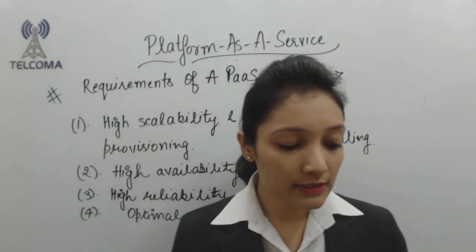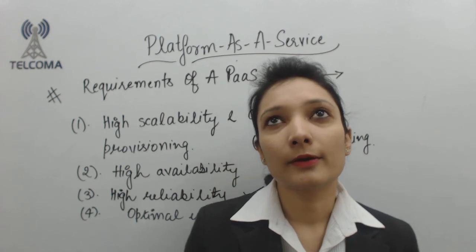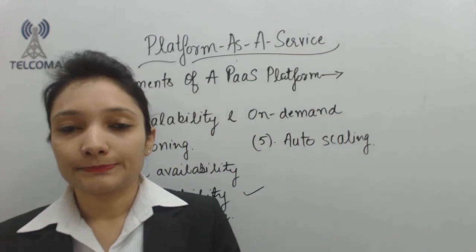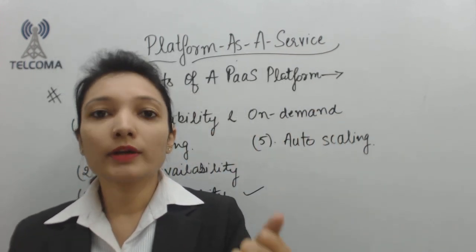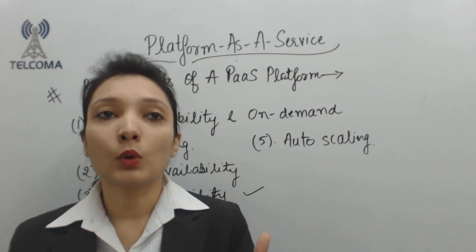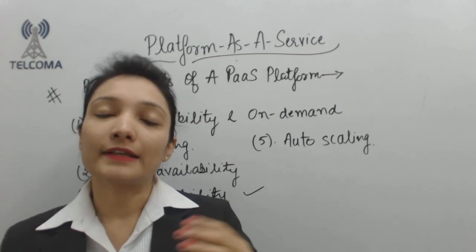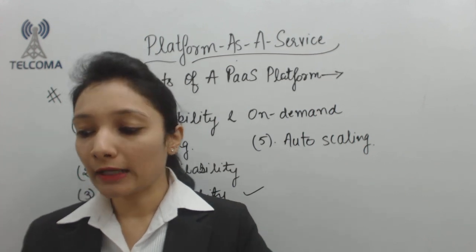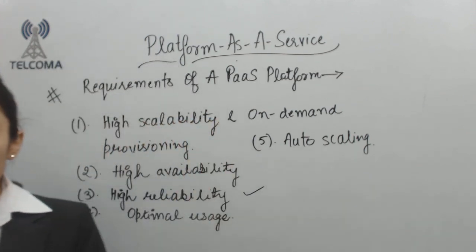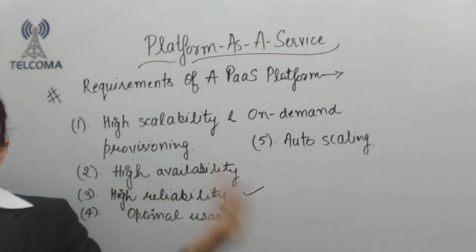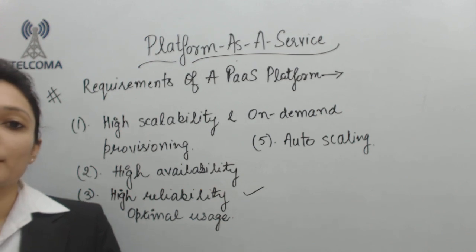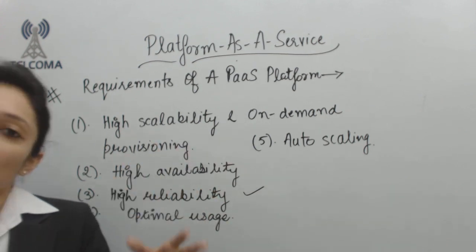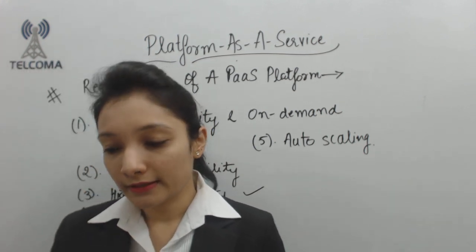That means the user is making requests, or we can simply relate it to the kind of load. So there should be flexibility in scaling up or scaling down of the resources. Because of that elastic nature, it can add more resources according to the demand, or it can reduce the resources as per the requirements.